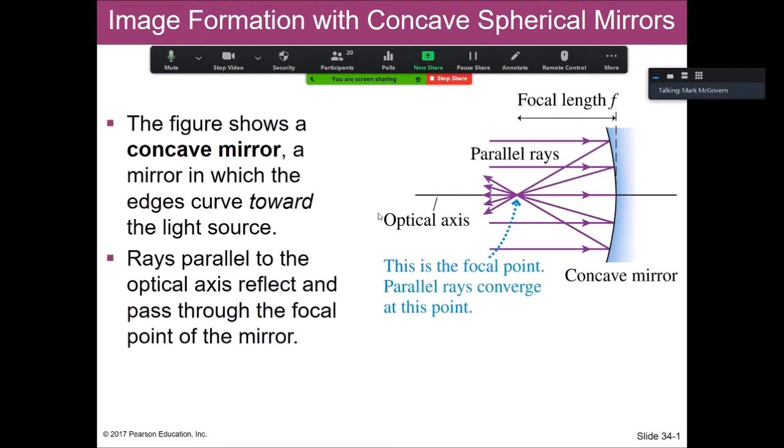So when we do this, we have our mirrored surface here, and we have what's called the optical axis. The optical axis passes right through the center of that mirror, creating a mirror image, symmetric. And one of the things you're seeing is that we have these parallel rays coming in.